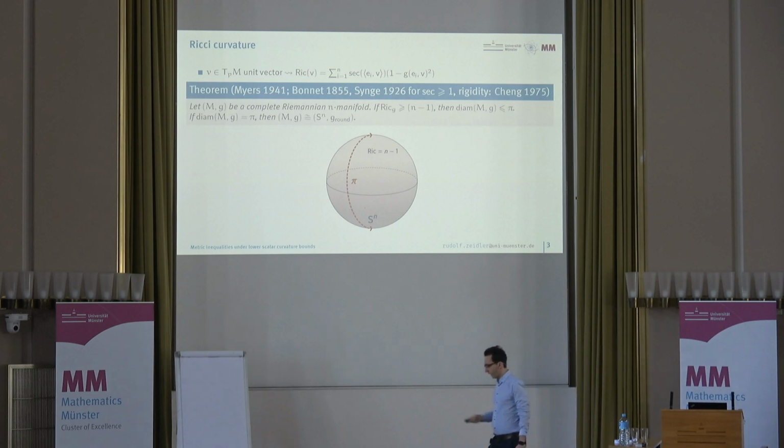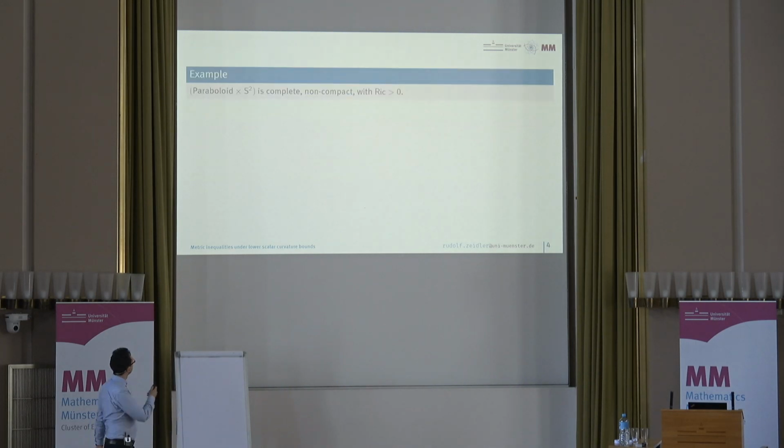And as in the case of sectional curvature, I want to come to sort of an analogous question on non-compact manifolds. Here, the situation is a little bit more complicated.